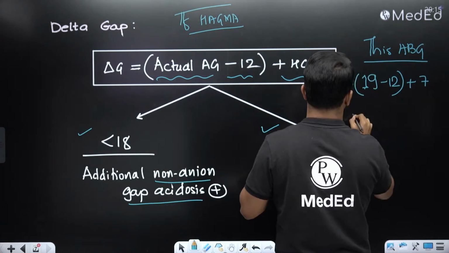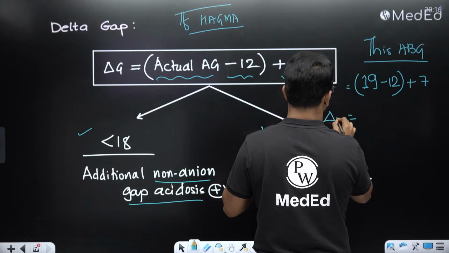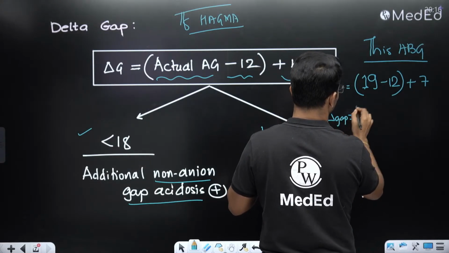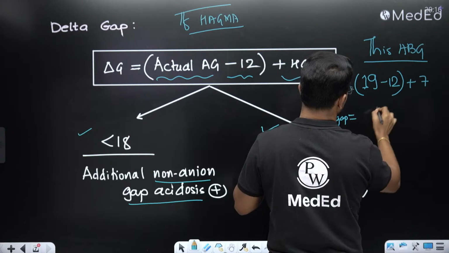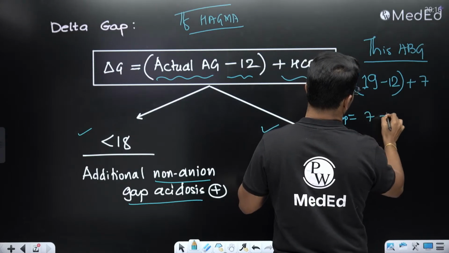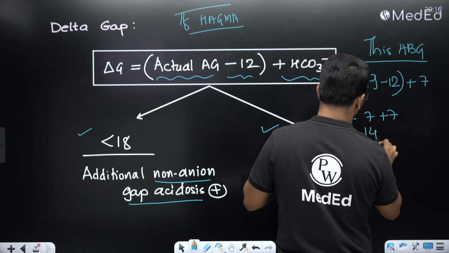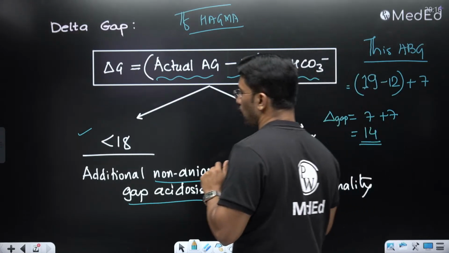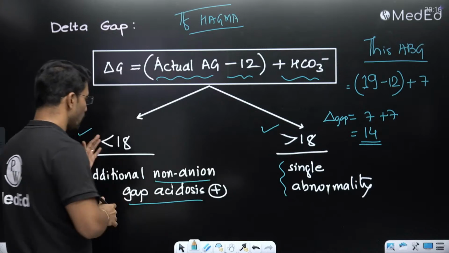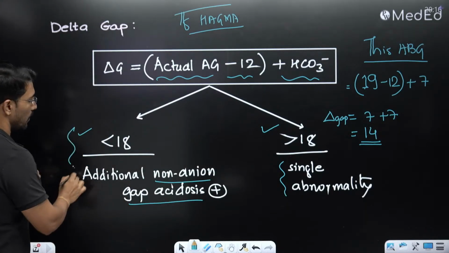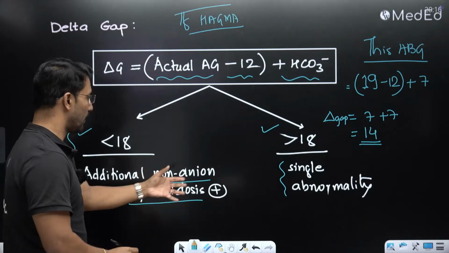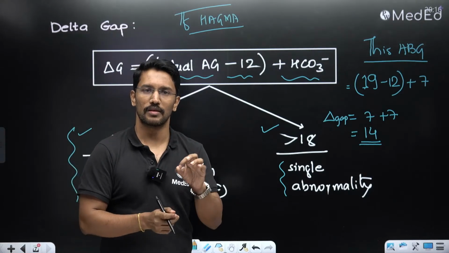So that gives us the delta gap. 19 minus 12 is 7, plus 7. So the delta gap turns out to be 14. If the delta gap is 14, what does it indicate? Here we have an additional non-anion gap metabolic acidosis. So what is the conclusion for this ABG?